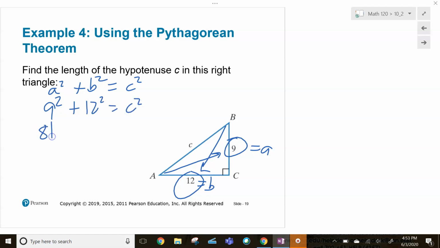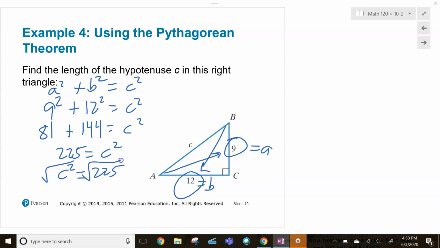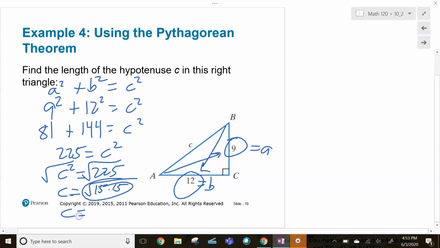So we got 81 plus 144 equals c squared. And let's see, what's that? 225 equals c squared. And then how do you solve that? Go ahead and take your square root on that. And that is 15, right? In other words, 15 times 15, you're looking for. The square root of 225 is 15.